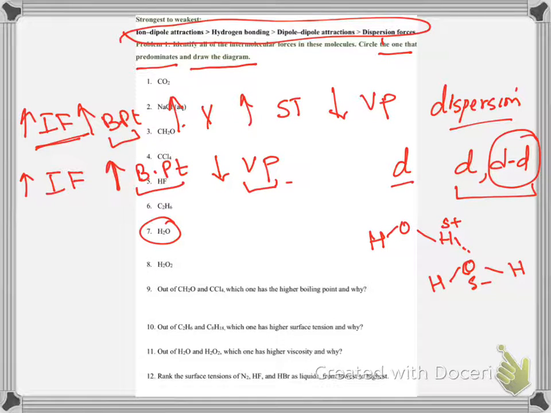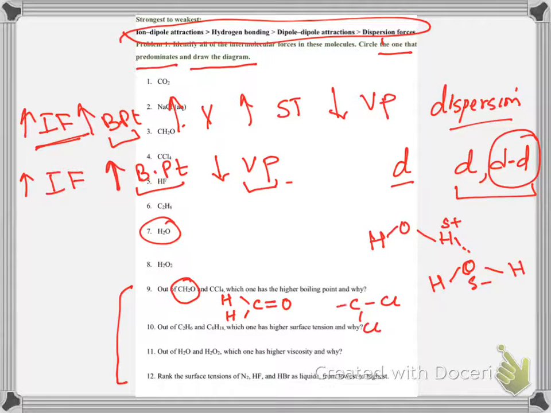So these questions, the question number 9 to 12, you can answer again based on the intermolecular forces. CH2O, this is Lewis structure for CH2O. Think about it, what intermolecular forces are present here.